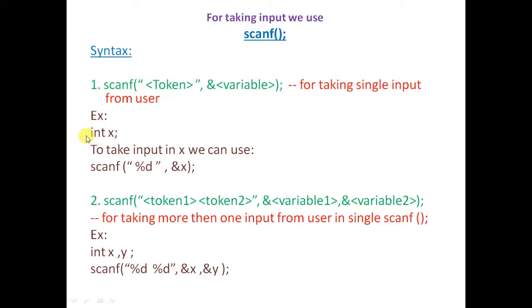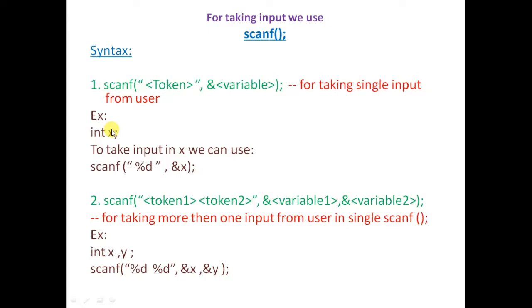In the example, we have declared x as a variable. Now I want to input a value to it from my console. The type of the variable is integer, so the token here will be %d.